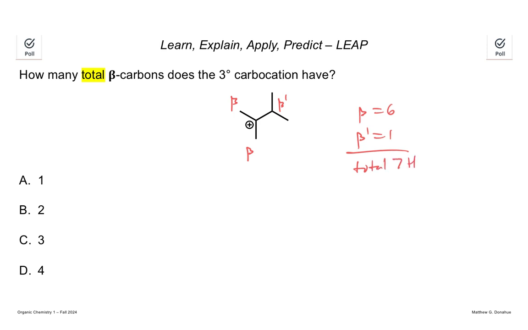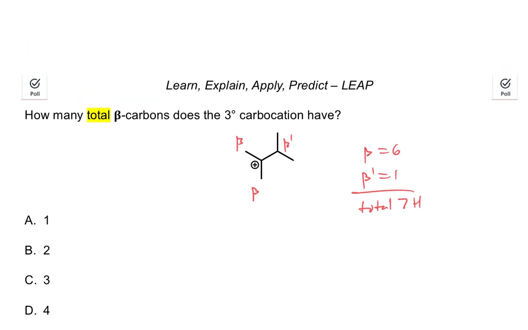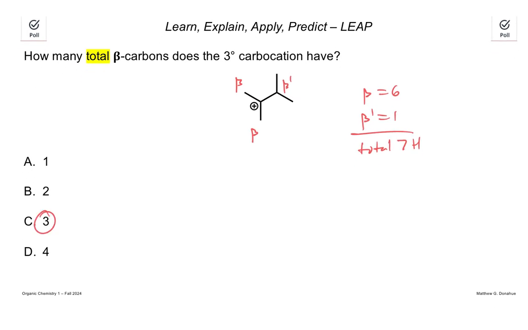So in terms of getting the wording of this right, the total number of beta carbons is 3. That's the total number, but really there's only 2 sets because the 2 beta methyl groups are the same, and then beta prime is different. When you count those, you get the 6-to-1 ratio at this point.